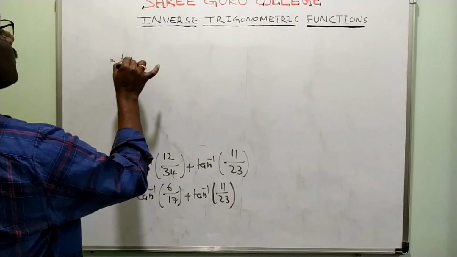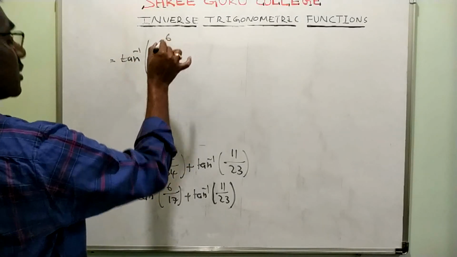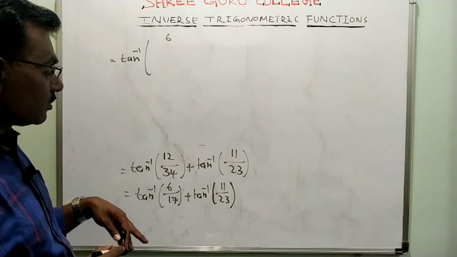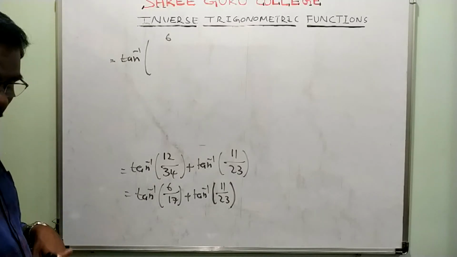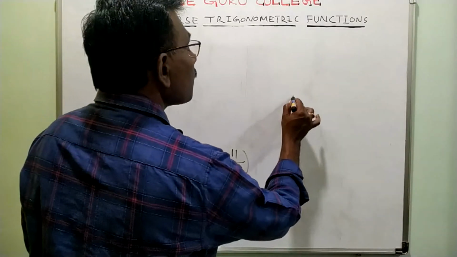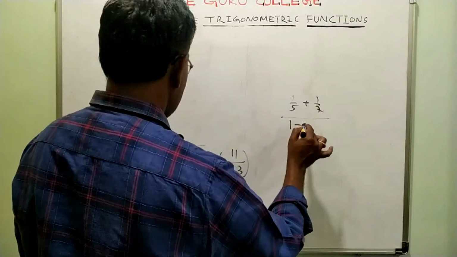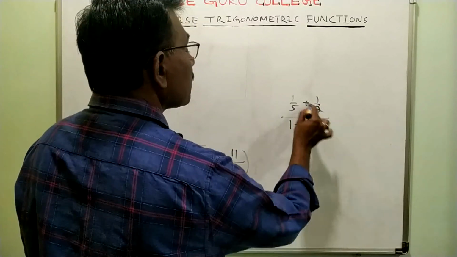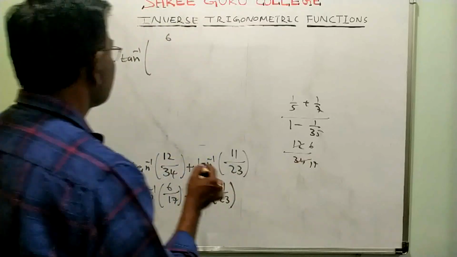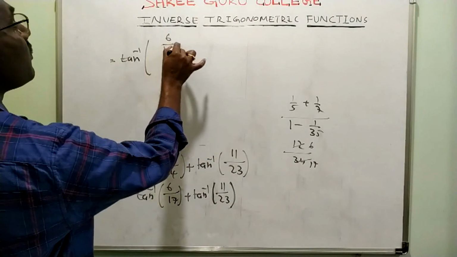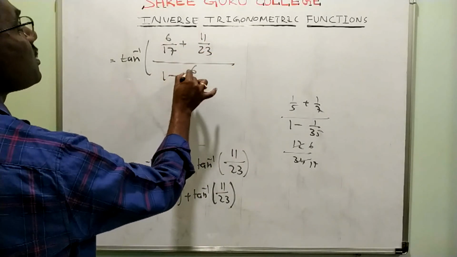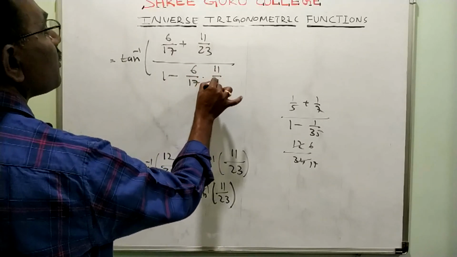Equal to, once again, tan inverse of 6 by 17 plus 11 by 23 over 1 minus 6 by 17 times 11 by 23.